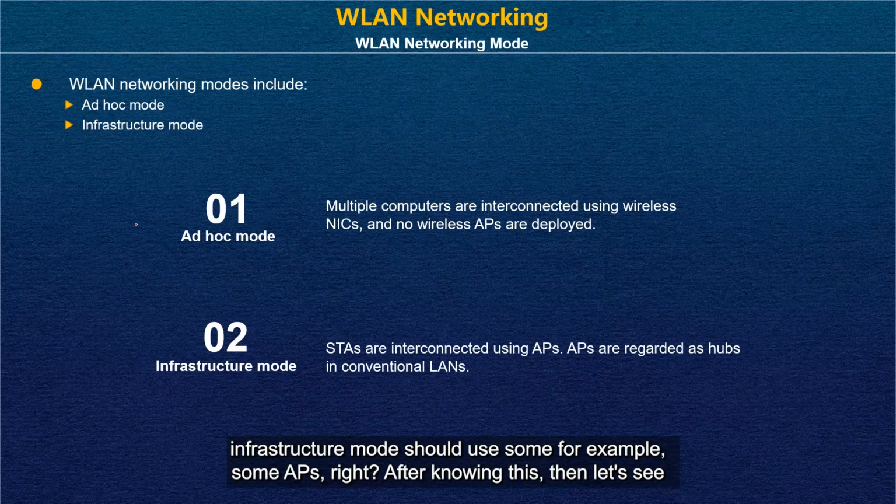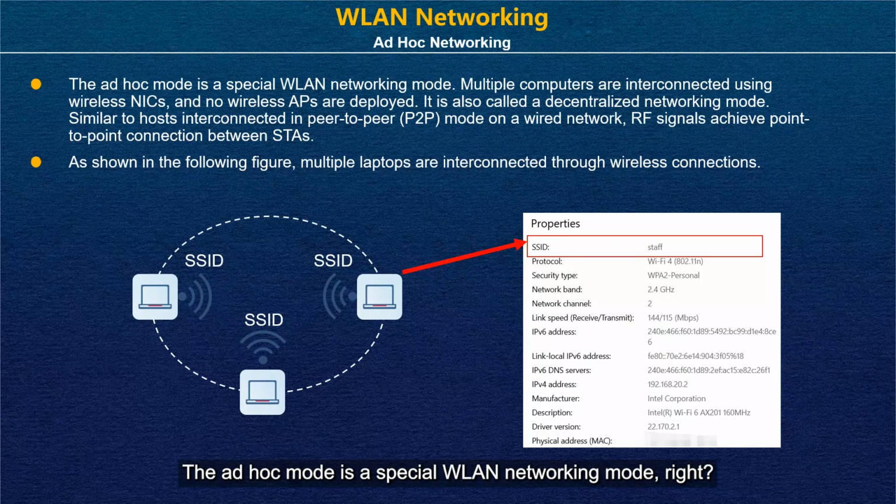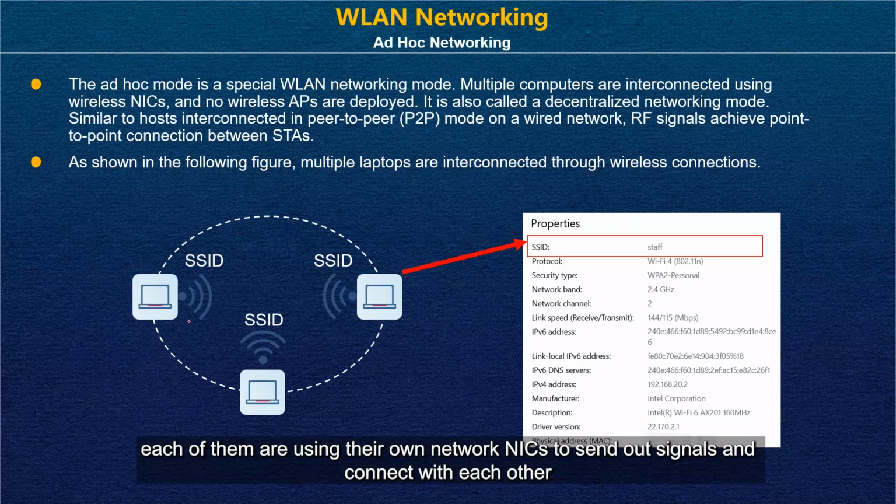After knowing this, let's see how ad hoc networking works. The ad hoc mode is a spatial WLAN networking mode. Multiple computers are interconnected using wireless NICs. You can see here, each of them uses its own NIC to send out signals and connect with each other.